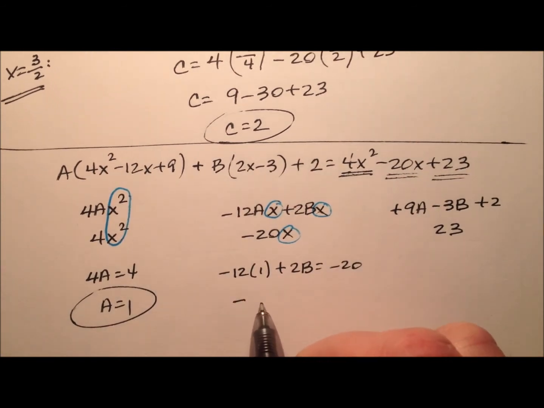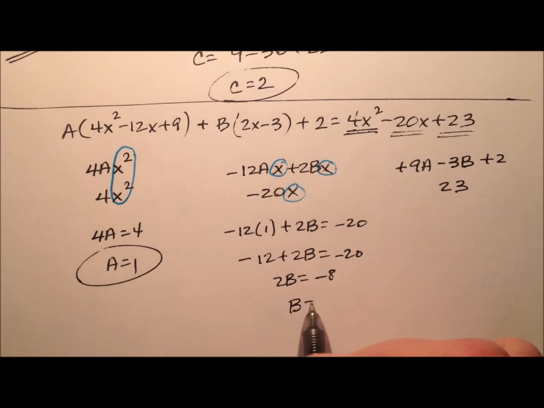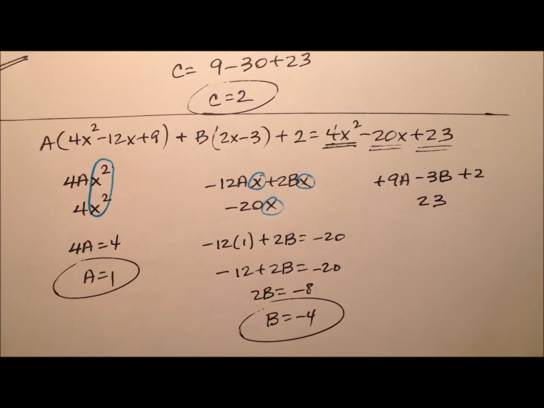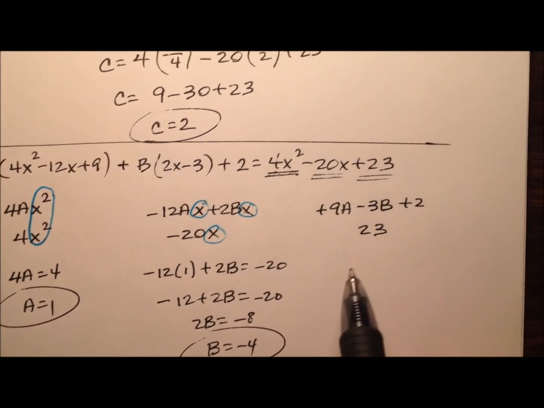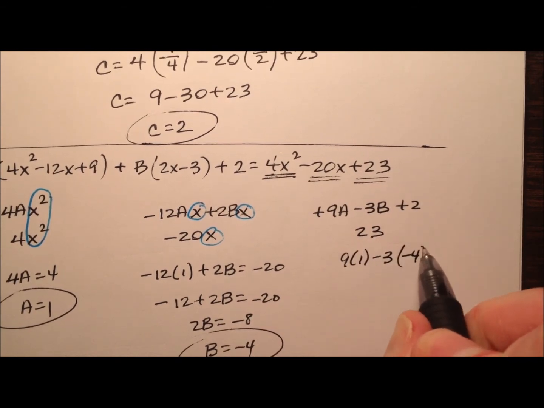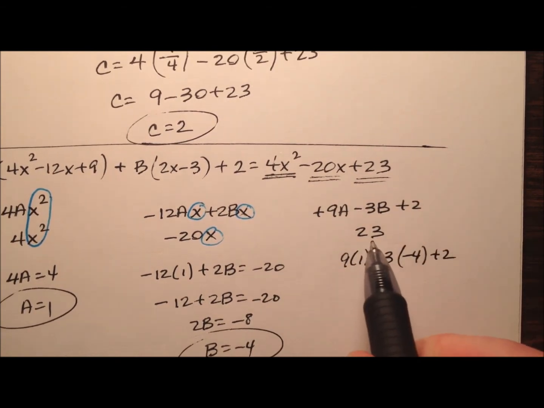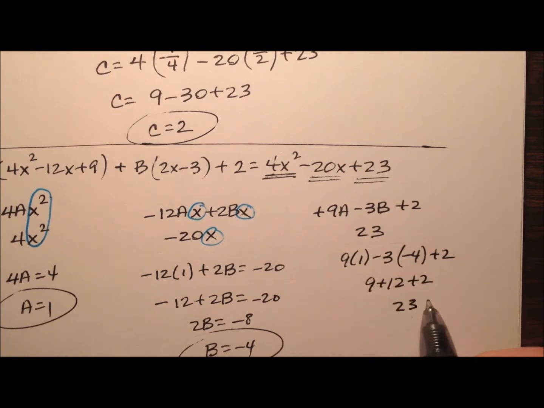So negative 12 plus 2b equals negative 20, 2b equals negative 8, b equals negative 4. Just to be sure, I can plug in the values I have: 9 times 1 minus 3 times negative 4 plus 2 should equal 23. So 9 plus 12 plus 2. Yeah, that worked out nicely.